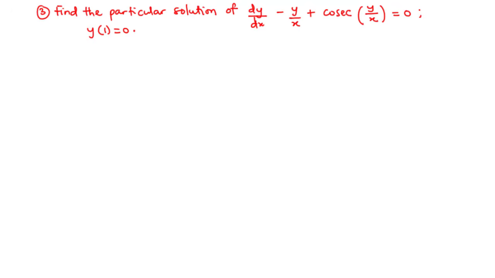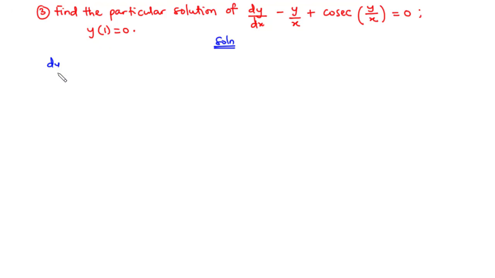So in this last example, we are going to find the particular solution of the differential equation dy dx minus y over x plus cosec y over x equals 0 with initial condition y of 1 equals 0. Let's do that together.